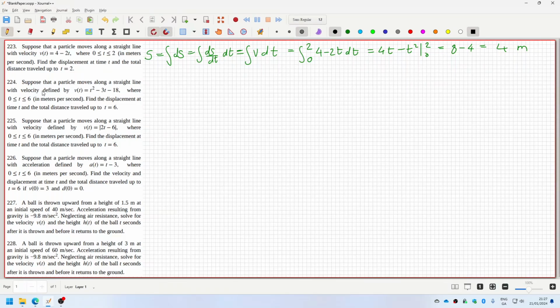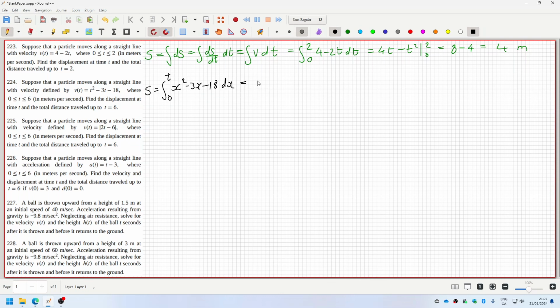Suppose that a particle moves in a straight line with velocity. Find the displacement at time t and the total distance traveled up to t is 6. Okay, so we'll just integrate from 0 to t, and let's use a dummy variable so not to confuse things. x squared minus 3x minus 18 dx.